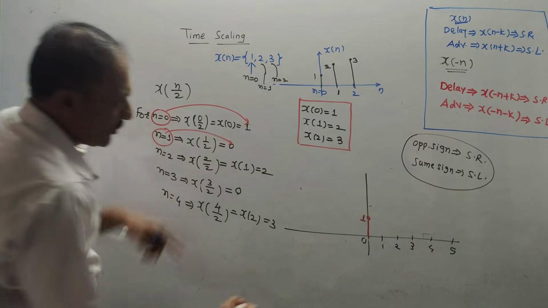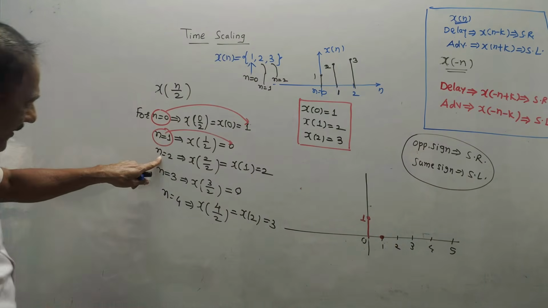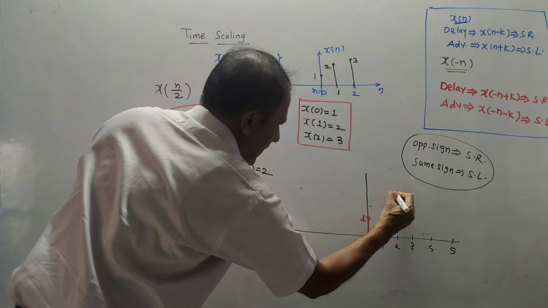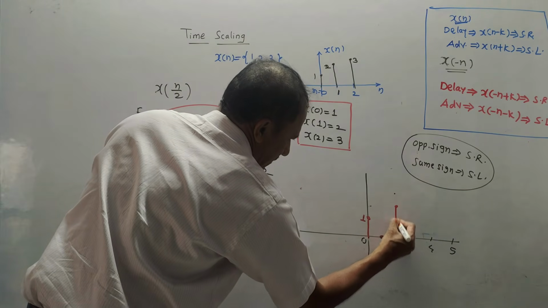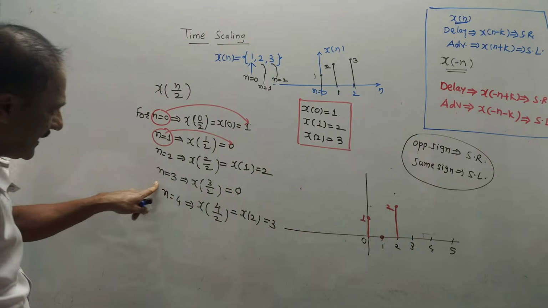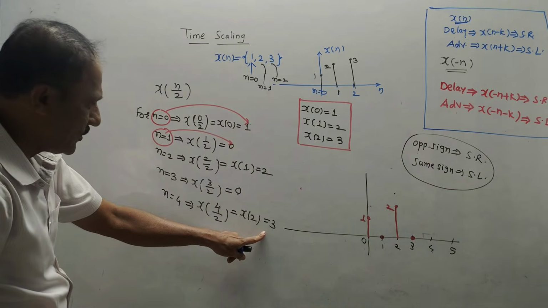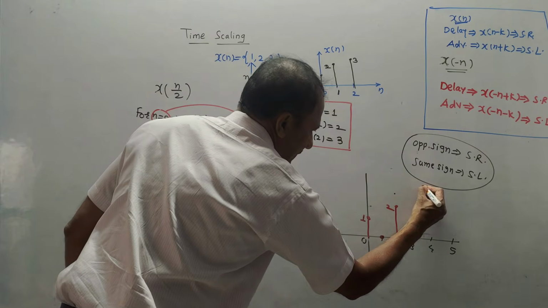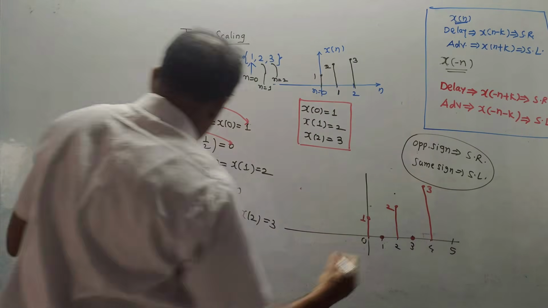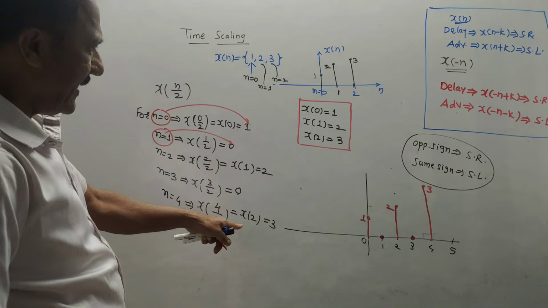At 1, amplitude is 0, mark 0. At 2, amplitude is 2, mark a pulse of 2. At 3, amplitude is 0, mark 0. At 4, amplitude is 3, so mark 3. And so on. This is the ending calculation.